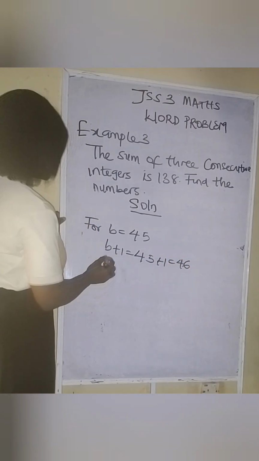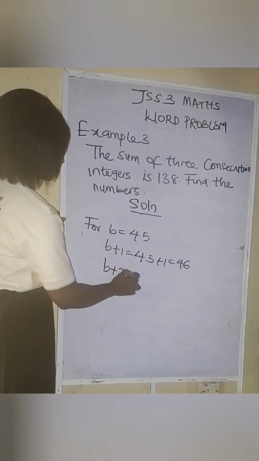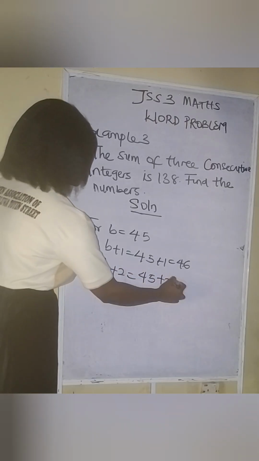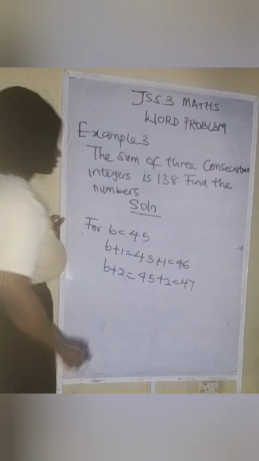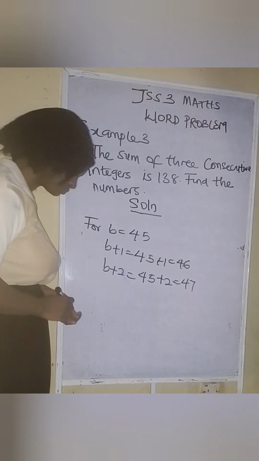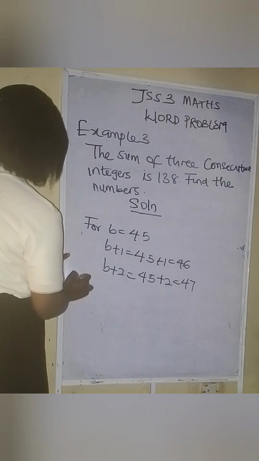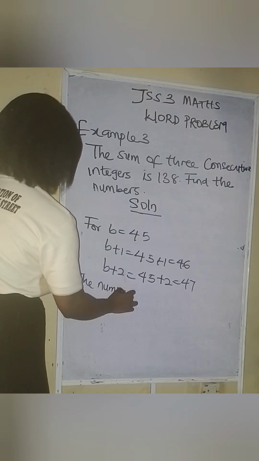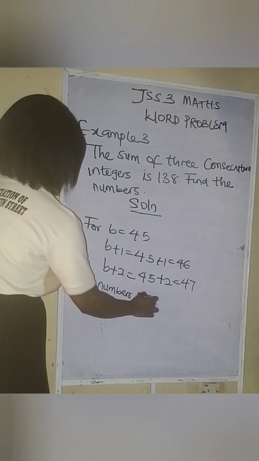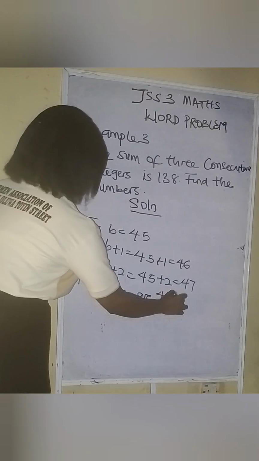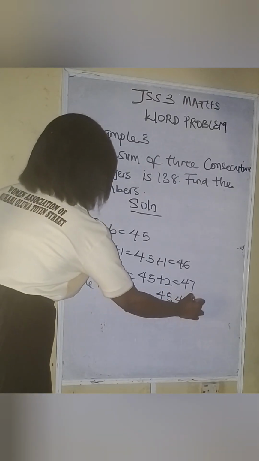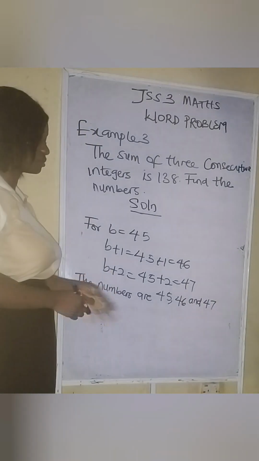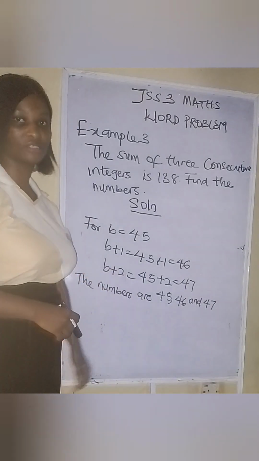For B plus 2, that will be 45 plus 2, which is 47. So the numbers are 45, 46, and 47. Are you seeing it now? These are the consecutive integers.